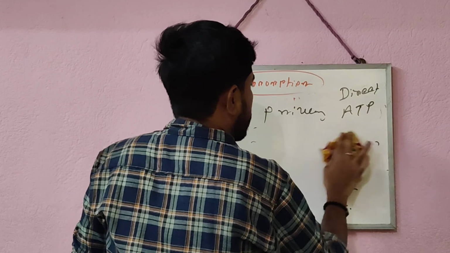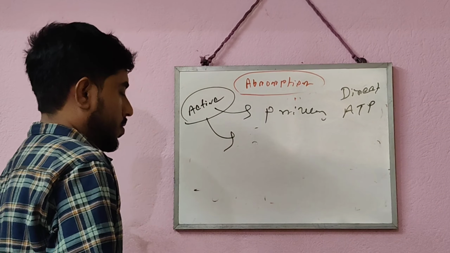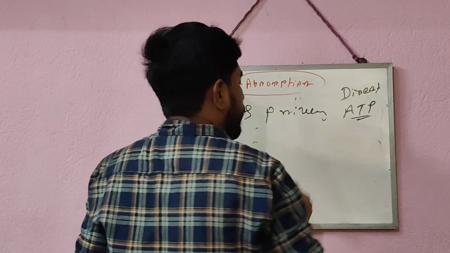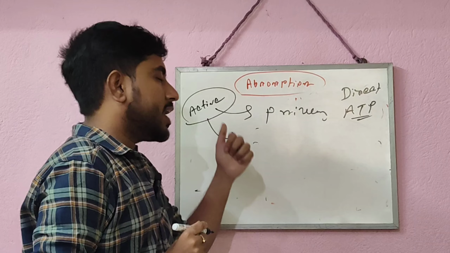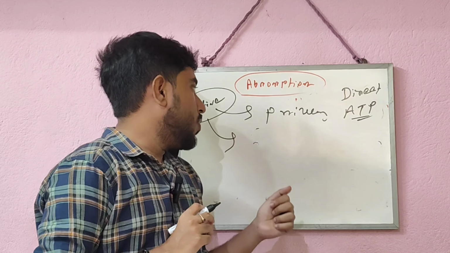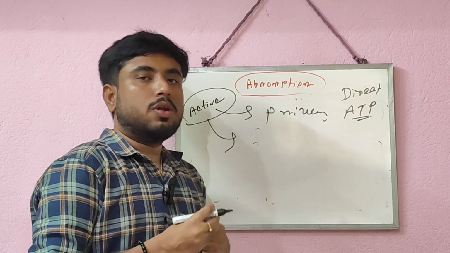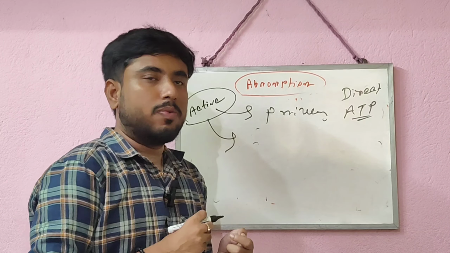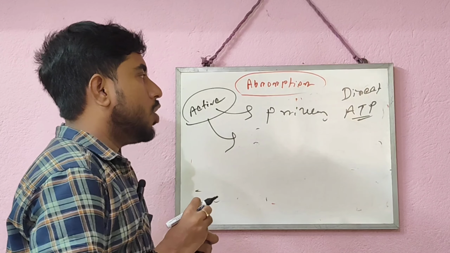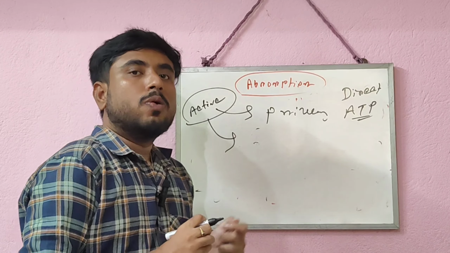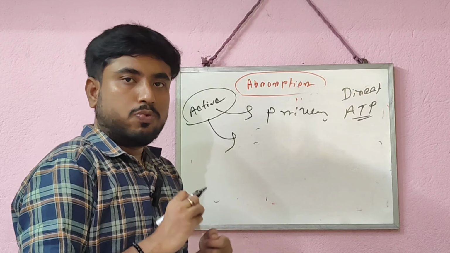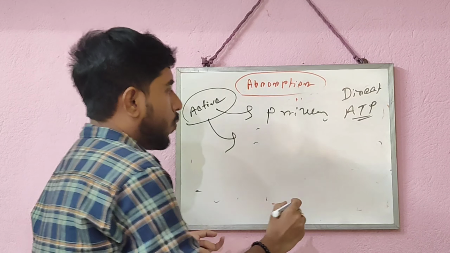I have already told you that in the primary active transport system the energy is given by direct ATP, and we have to remember that generally ions or molecules that will be ionized after entering our body are absorbed this way. That ionized drug goes against the concentration gradient, and its absorption is one directional.